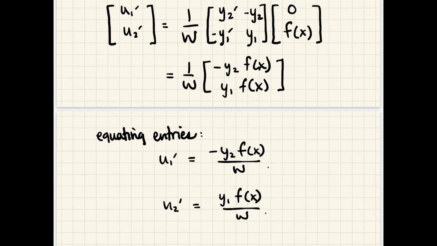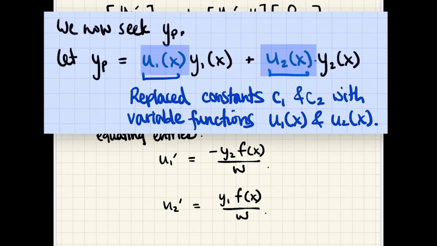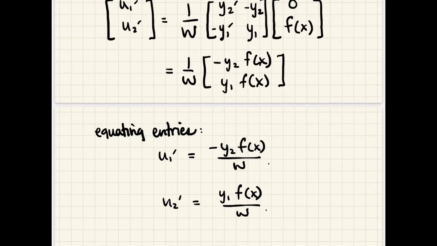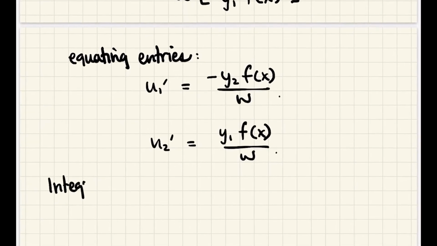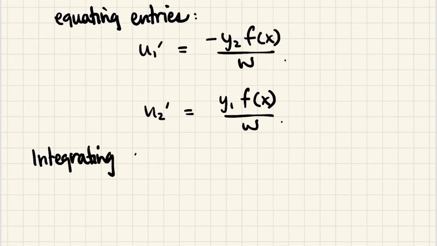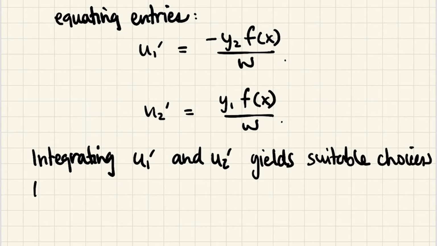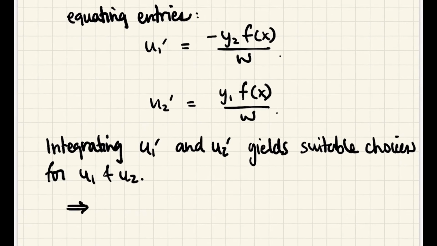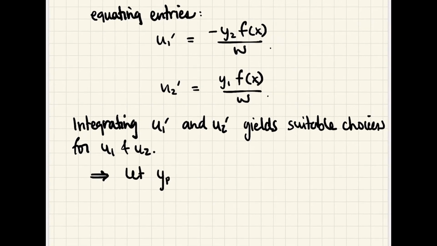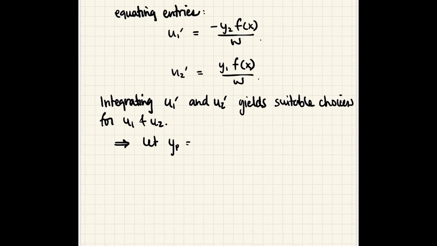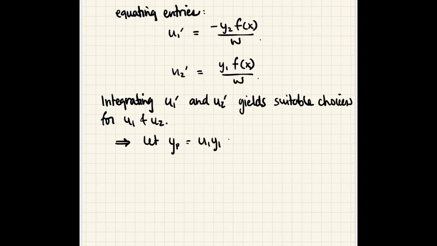Now, remember, what are we after? u1 and u2. So merely integrating u1 prime and u2 prime will yield suitable choices for u1 and u2. That will allow us to define the particular solution as u1 y1 plus u2 y2 as desired.